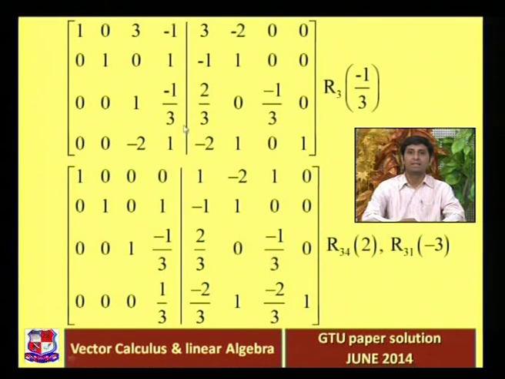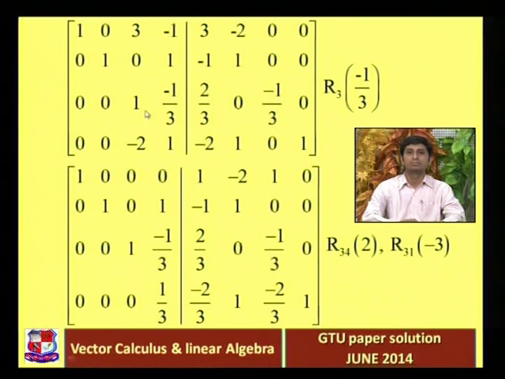So minus 2 by 3 plus 1 is 1 by 3, minus 2 by 3 plus 1 will become 1 by 3. Then we are multiplying the third row with 2 and adding into the fourth row. So 4 by 3 minus 2, that is 4 minus 6 by 3, will become minus 2 by 3. Each and every element, you have to understand which step it is coming from.